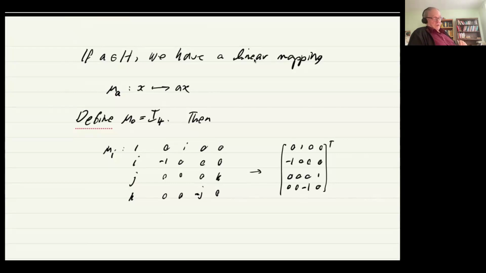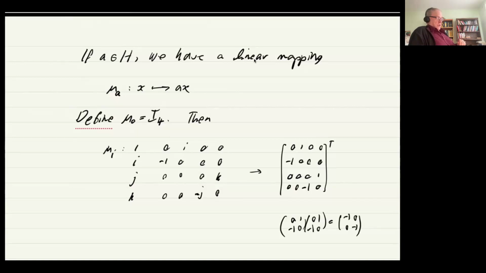Notice it's got order 2, the square of it is minus the identity. So that rules out some of the possibilities of mistakes.